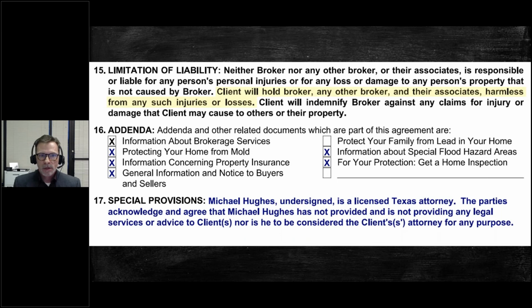Client will hold broker, any other broker, and their associates harmless from any such injuries or losses. Client will indemnify broker against any claims for injury or damage that client may cause to others or their property.